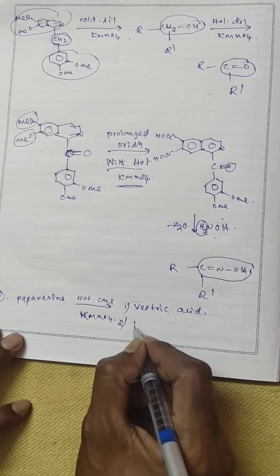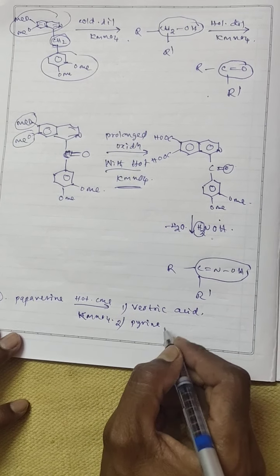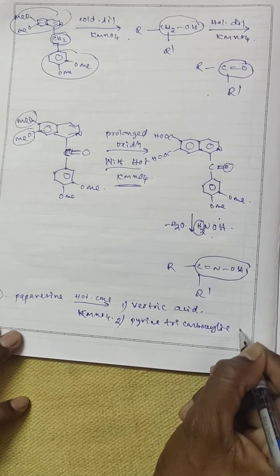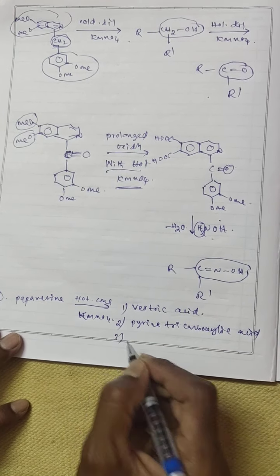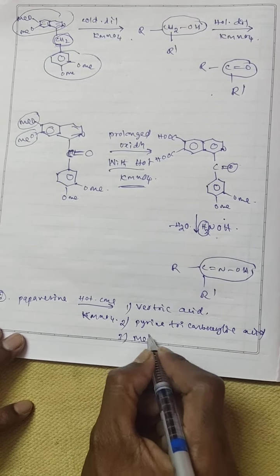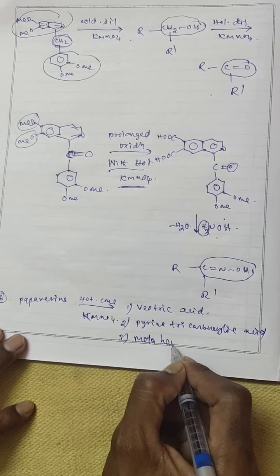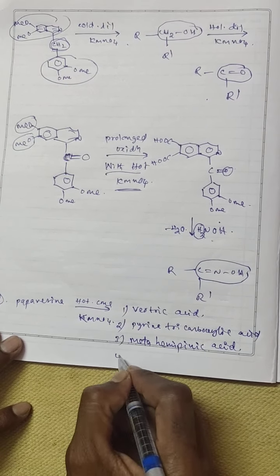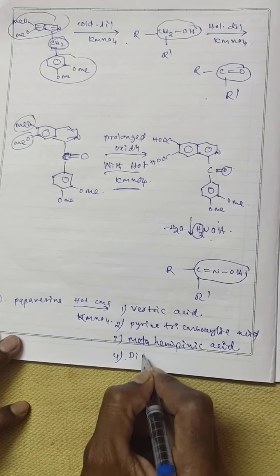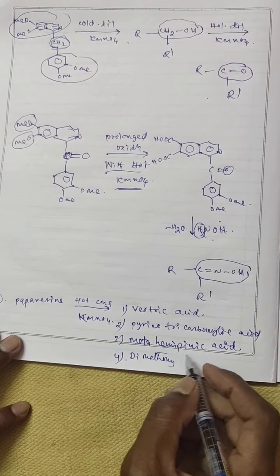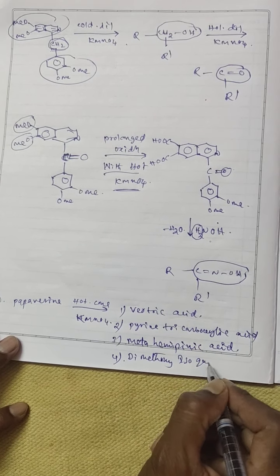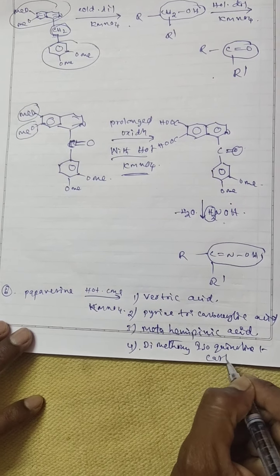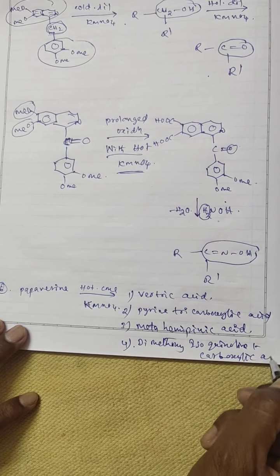Second one, pyridine tricarboxylic acid. Third one is meta-hemipenic acid. Fourth one is dimethoxy isophenolene 1-carboxylic acid.